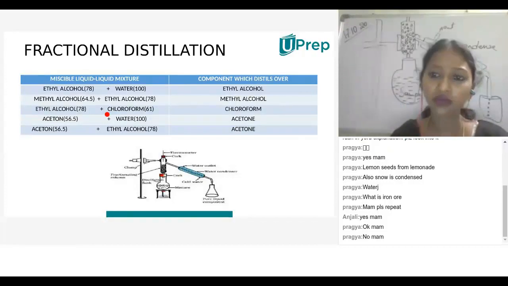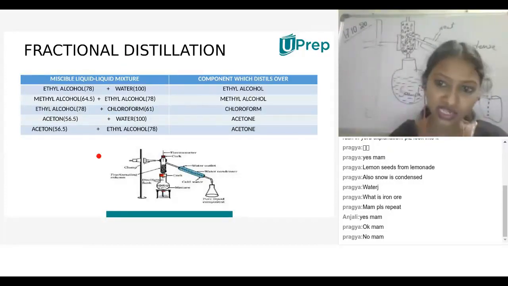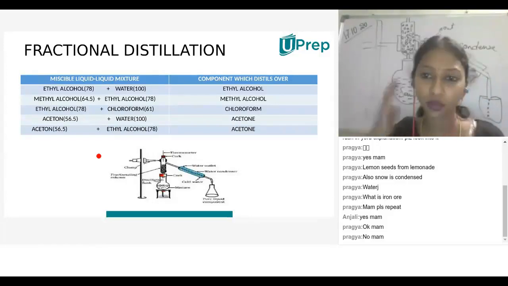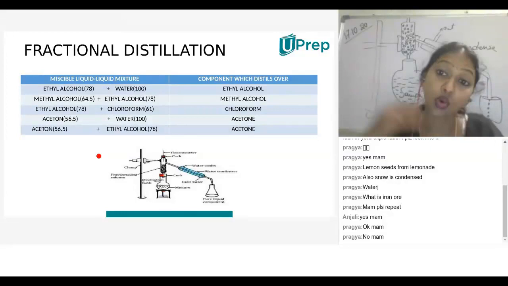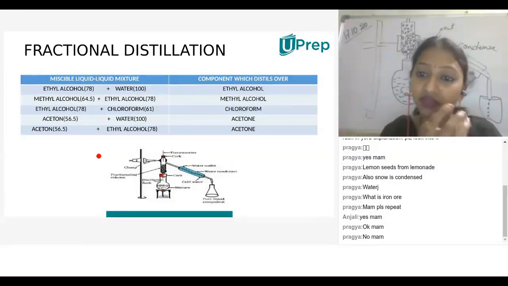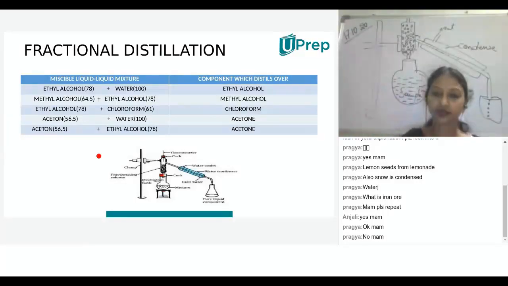So we need to go with fractional distillation only. If there is not much difference in the boiling point, definitely we need to opt for fractional distillation. Simply we can say that fractional distillation is more accurate and sensitive than simple distillation.